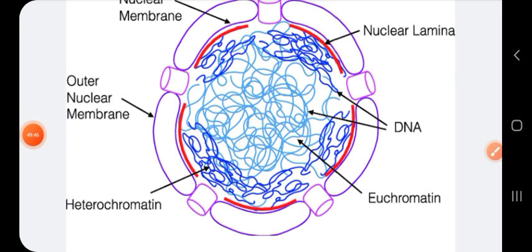Now let us discuss another important component of the nucleus, the chromatin fiber. Well, what are chromatin fibers?